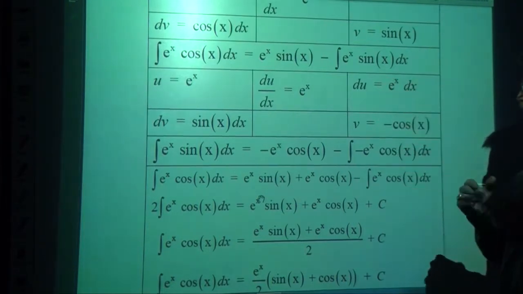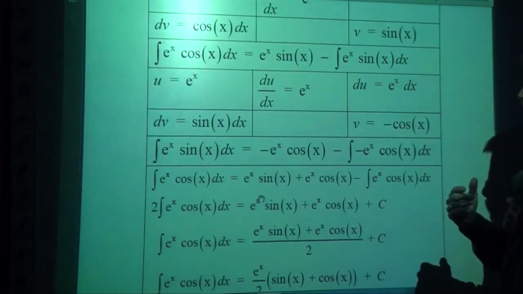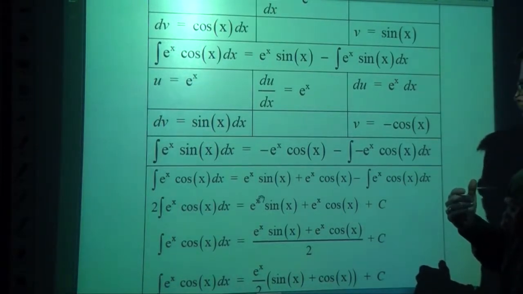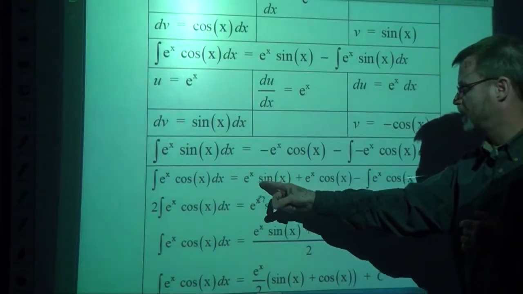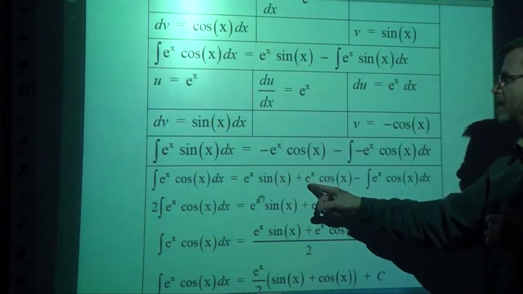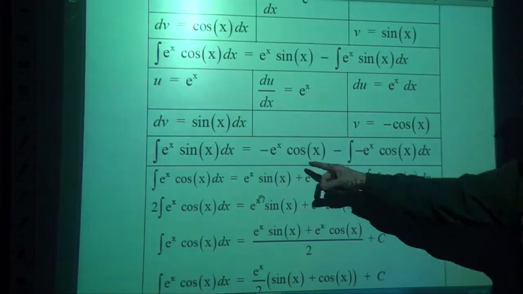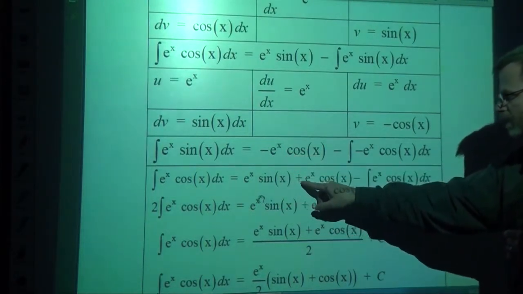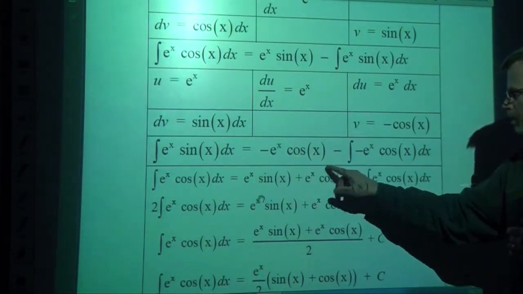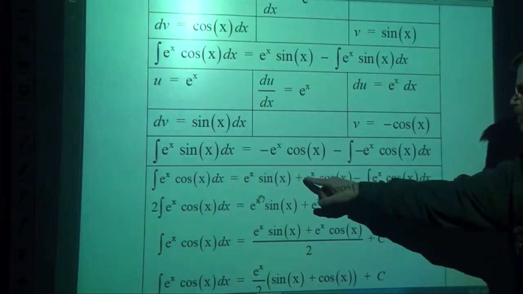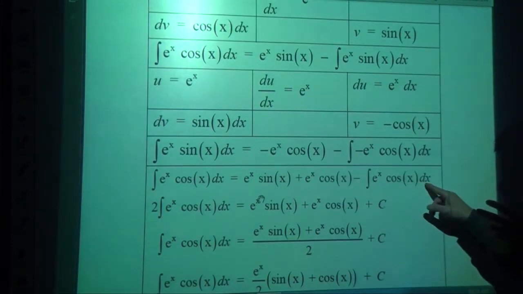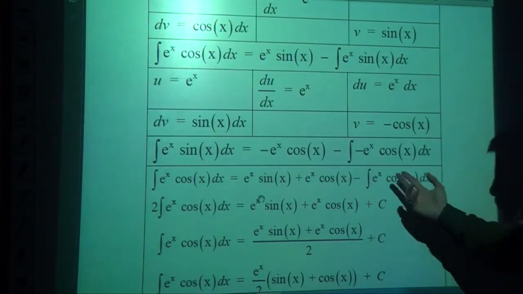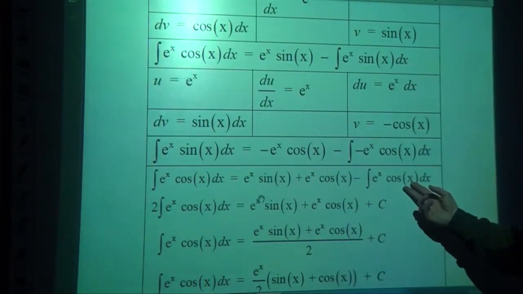And if we go to the original problem, the original question is equal to, from the first branch, e to the x sine x plus e to the x cosine x, right here, we're subtracting the negative. Then we're subtracting the whole thing, so that's subtracting this branch right here. Except if you notice, this is the left side, that's the question.